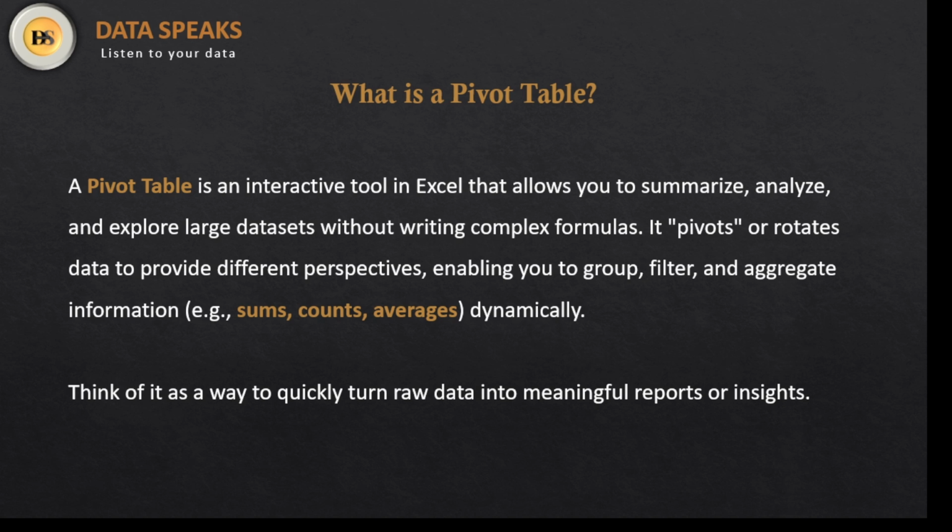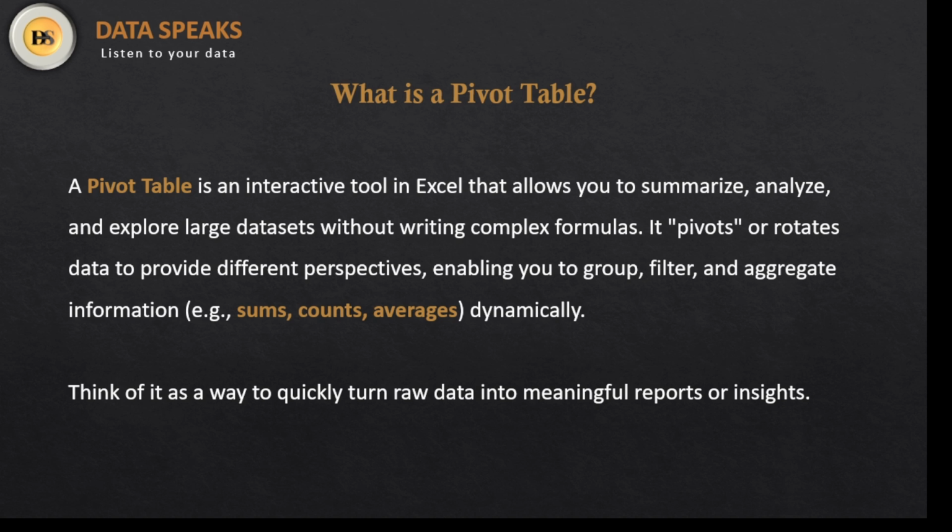Examples of it are sums, count, and average dynamically. So normally in normal Excel, if you want to do sum, you need to type equals to, you type in sum. But in pivot table, you don't have to do all those things. That is why it's called dynamic. So it's just for you to click and drag. Now, think of it as a way to quickly turn raw data into meaningful reports or insight. So that is what pivot table is all about.